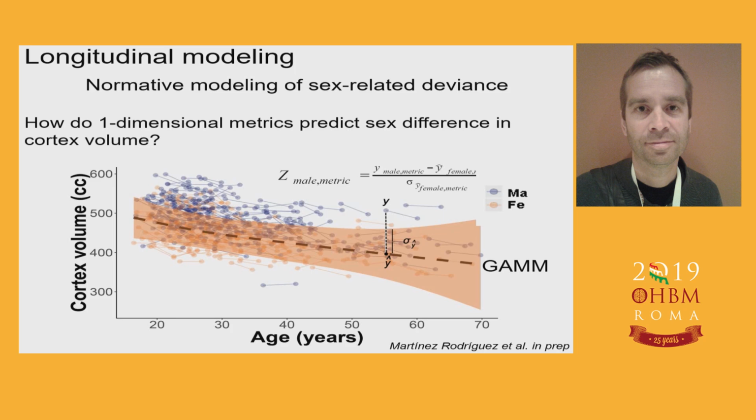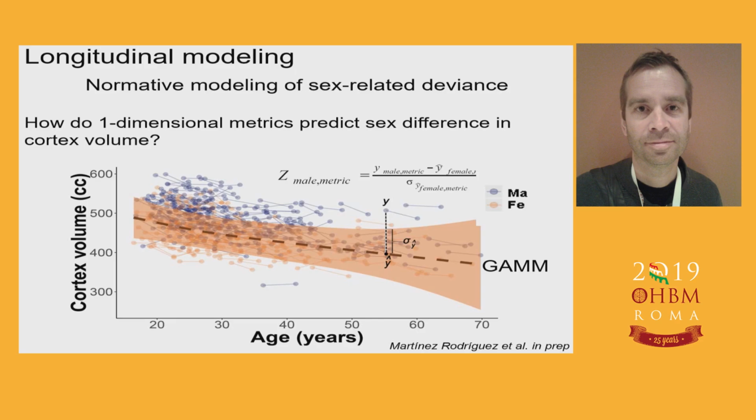So we used a technique from normative age modeling, where we make a fit in females in this case. So in the figure you see on the x-axis age and on the y-axis cortical volume. And then in red you see the fit for females with age. And this is our normative model.